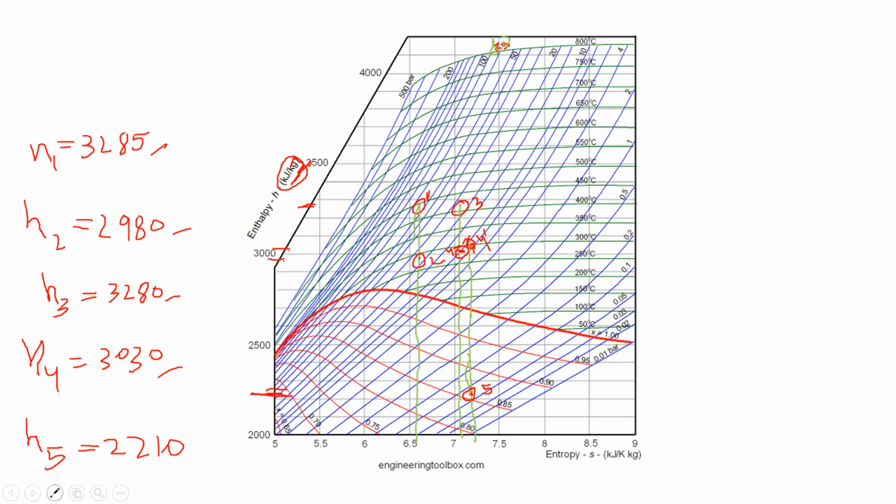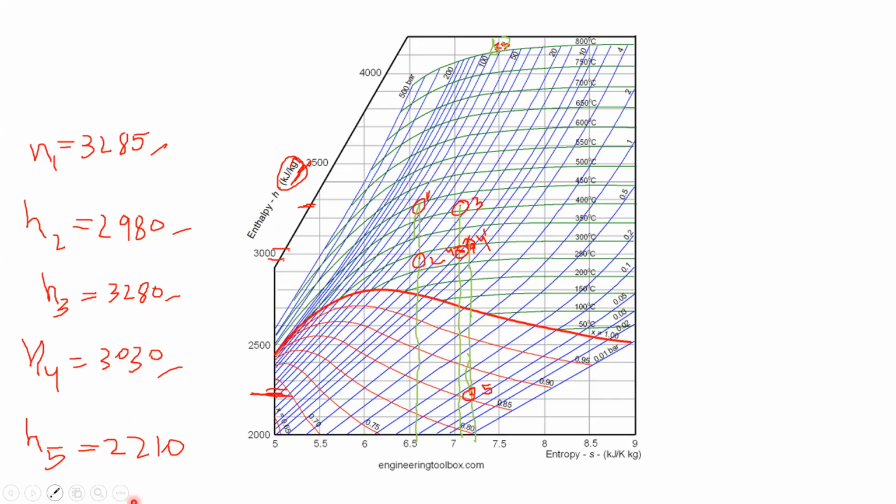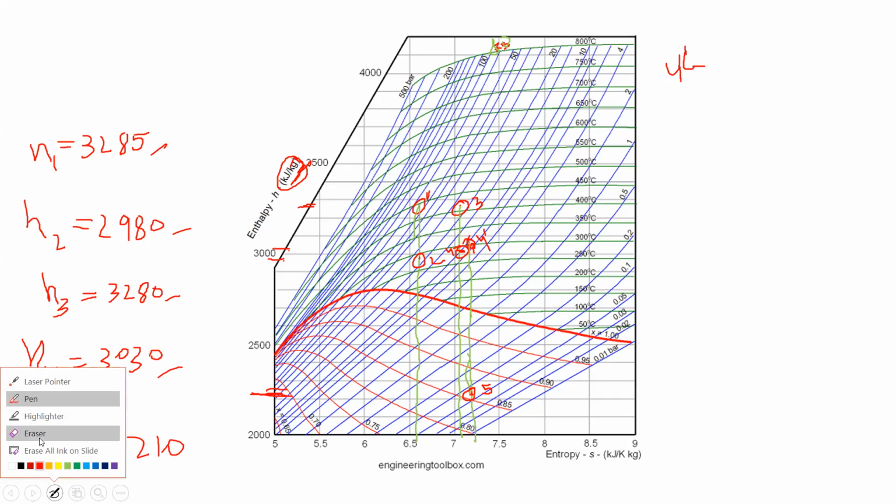For this I am noting all the values here. I know the H5 value. For that expansion process I am writing it here. For this expansion process, which happens during the low pressure expansion, not the 4 dash or 4 dash anything, 5 dash anything.